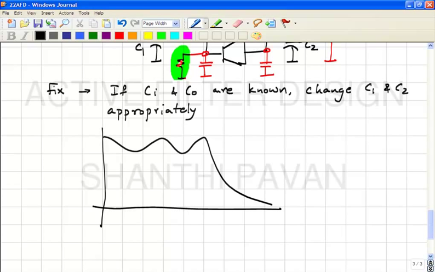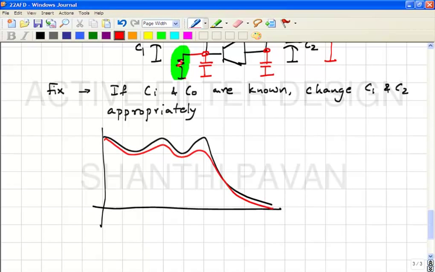The height of the peaks will no longer be the same. So what you will get is probably something like that, because the Q's are all decreasing. You understand? Does it make sense? So why won't the ripple size be the same?